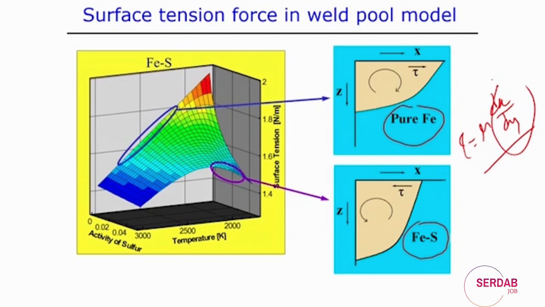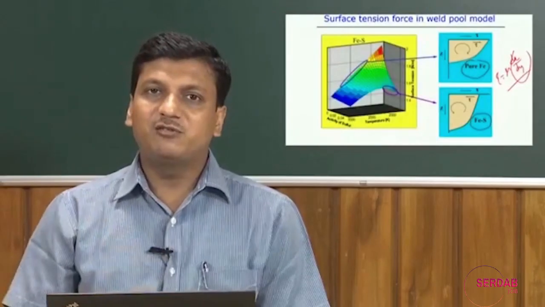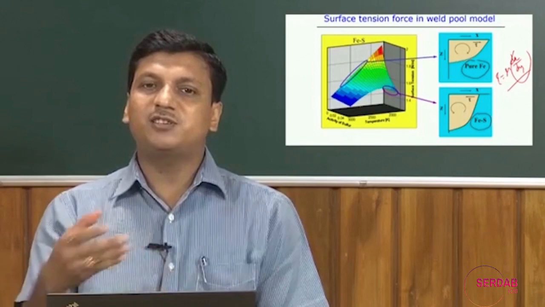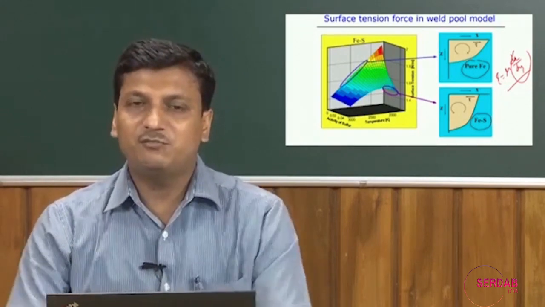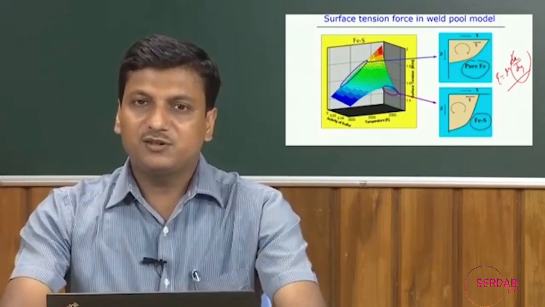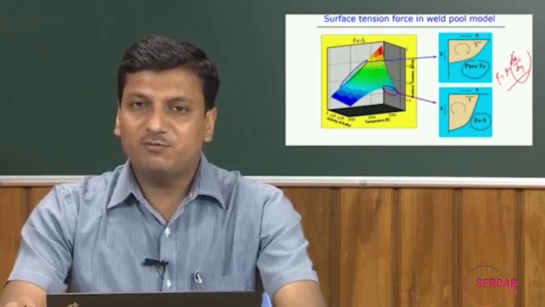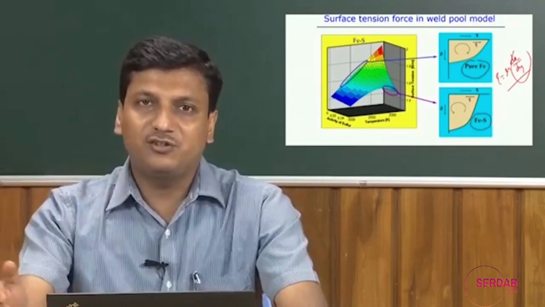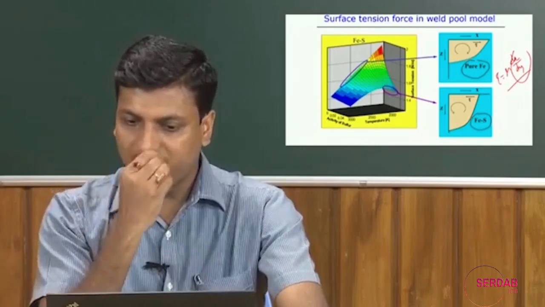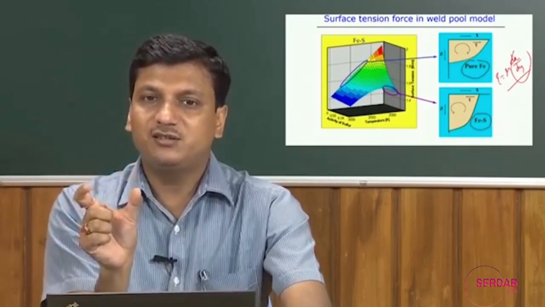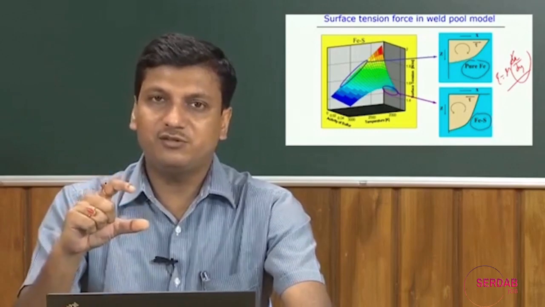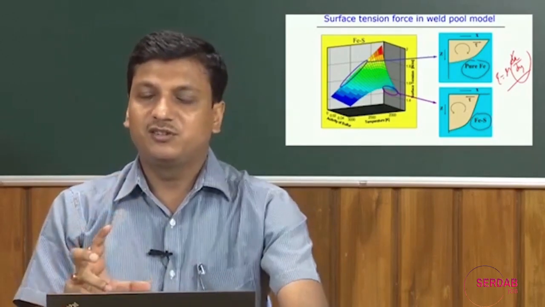That means the metal is flowing from the outward periphery to the center. It creates a metal flow in an anti-clockwise direction, completely reversed from the pure Fe system. This flow decreases the weld width but increases the depth of penetration.